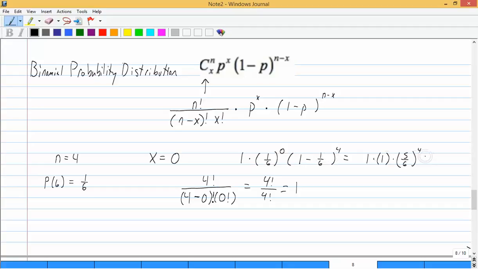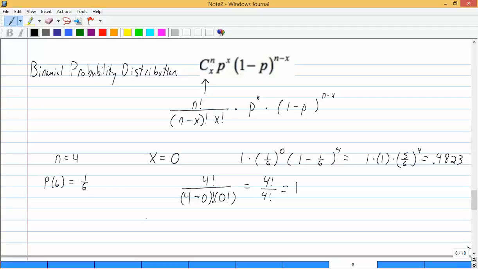Now if you work that out in your calculator and round it to 4 places, you would get 0.4823. So that's the probability of rolling a die 4 times and getting exactly no 6s.